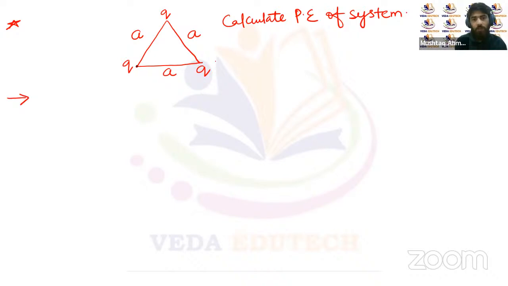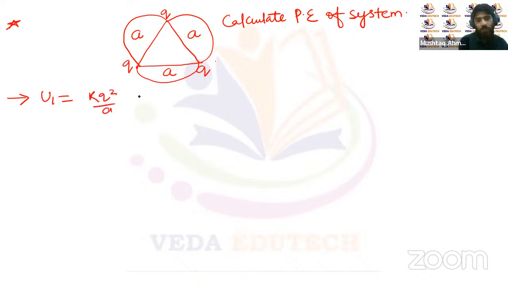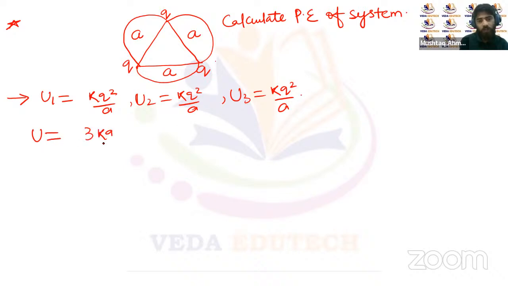The first is between this Q and this Q, then between this Q and this Q, and finally between this Q and this Q. So we'll have 3 terms here. The first term, U1, will be KQ square upon A, the second term, U2, will also be KQ square upon A, and the third will once again be KQ square upon A. It means the total potential energy U will be 3 KQ square upon A.